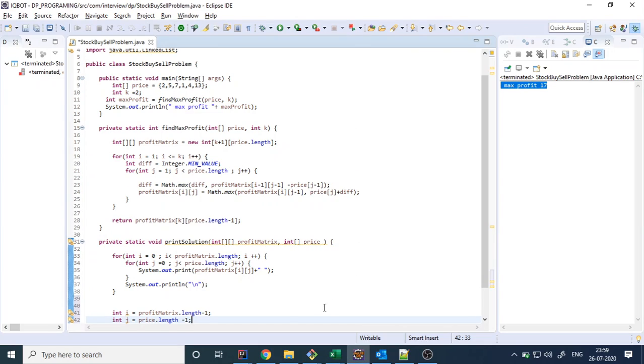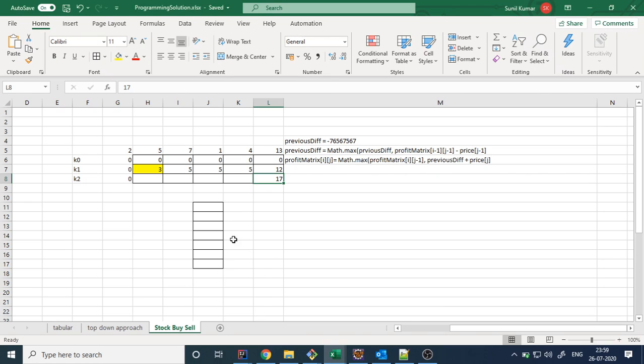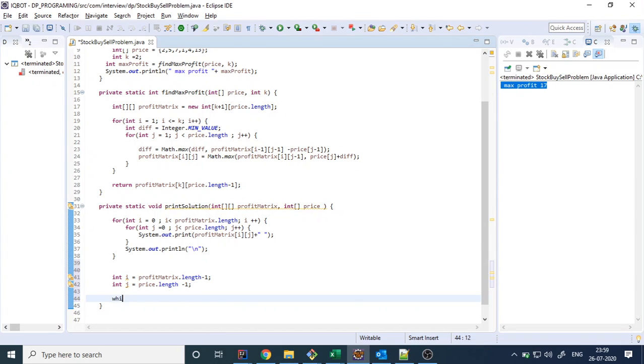I and j I just initialize, and then after that I will take some stack, this kind of stack, where I put the value initially, the value of this j. So, while condition.